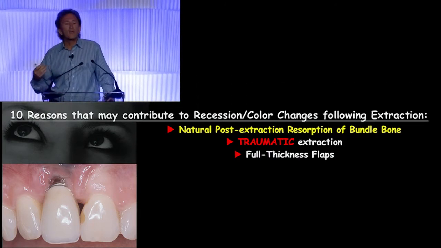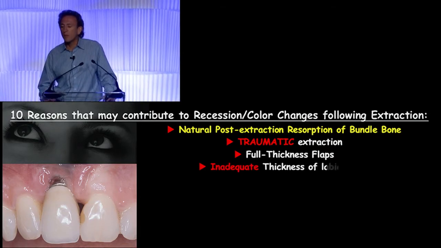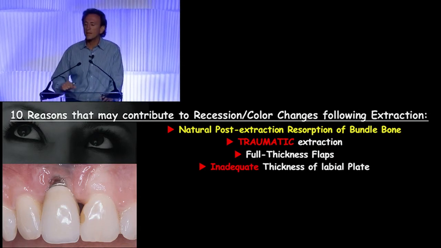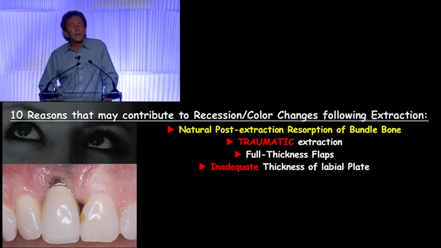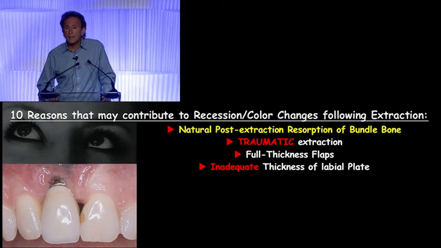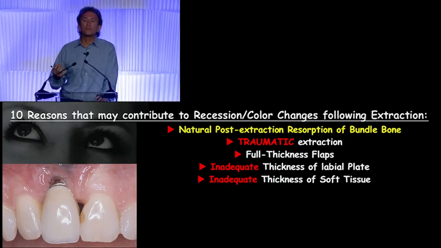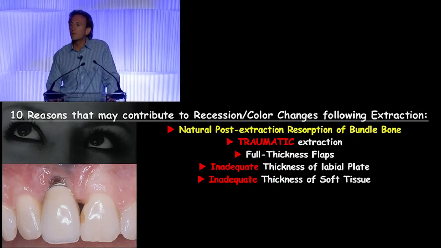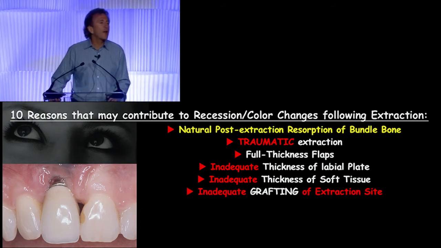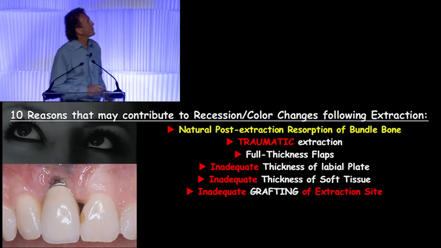That's why whenever possible we try to do incisional displacement, especially in type 1 sites with thick tissue. Inadequate thickness of the labial plate. Inadequate thickness of soft tissue, which I just mentioned relates to stability of tissue color. Inadequate grafting of the extraction sites.